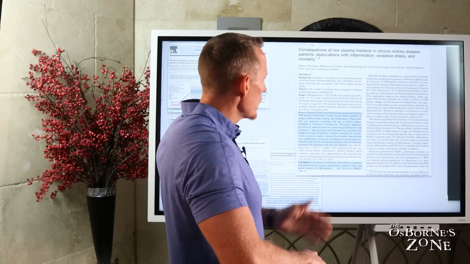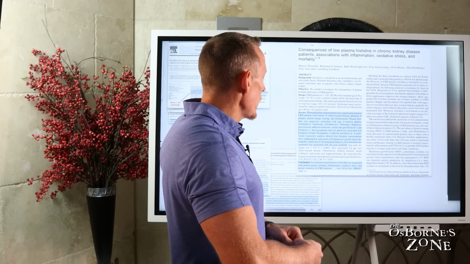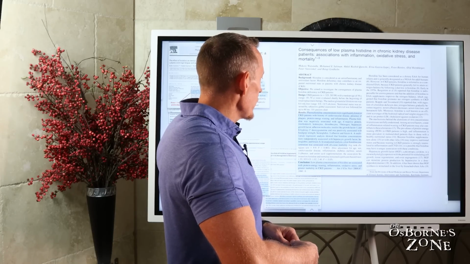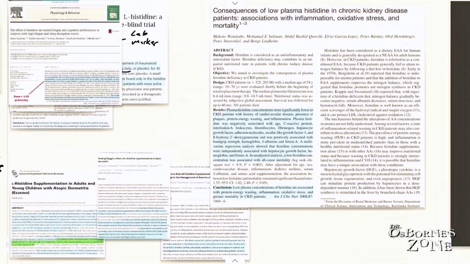What does all that mean? That means that basically low histidine was linked to worsening of all these other things. All these markers are markers of inflammation or markers of metabolic chronicity. 8-hydroxy-2-deoxyguanosine is a metabolic byproduct of DNA damage. So it's saying that low histidine increased the amount of this chemical that they were finding in patients.